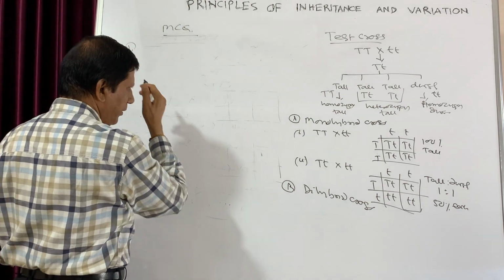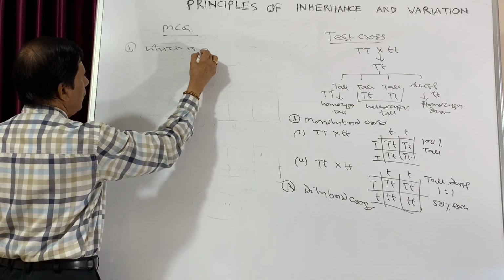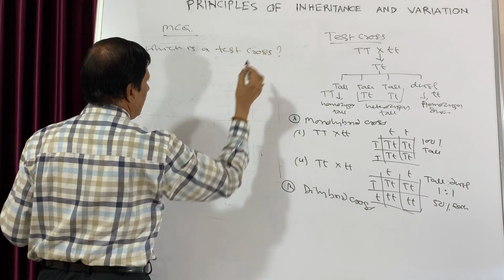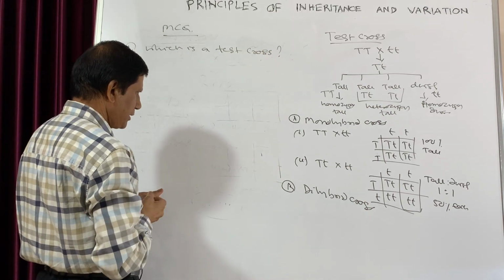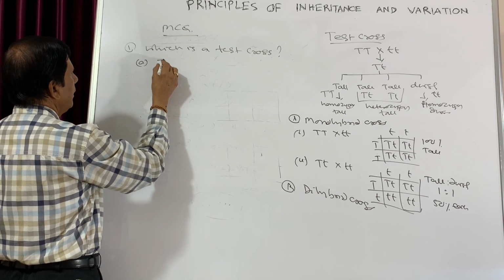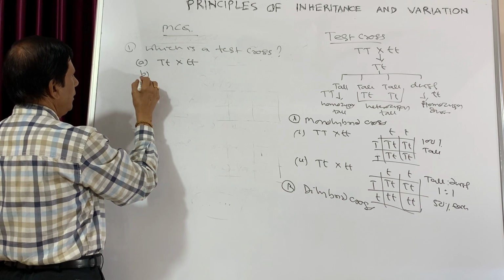So one question we can do: which is a test cross? Choice A, this is one.